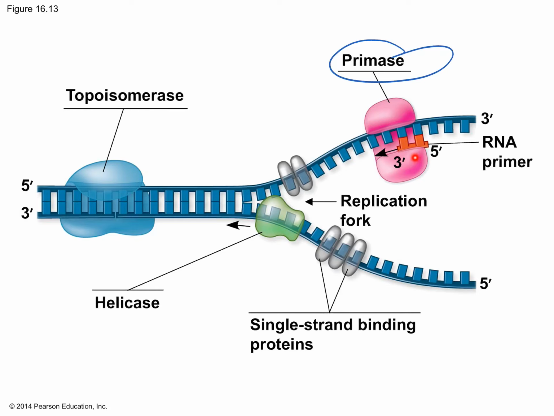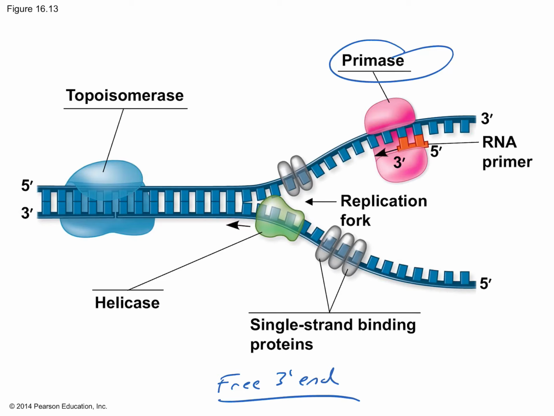What it does is it lays down what's called a primer, an RNA primer. This is a primer of nucleotides made of RNA rather than DNA. So those are RNA nucleotides, not DNA nucleotides. The purpose of the primer is to create what's called a free 3' end right there. Free 3' end. Let me write that down.